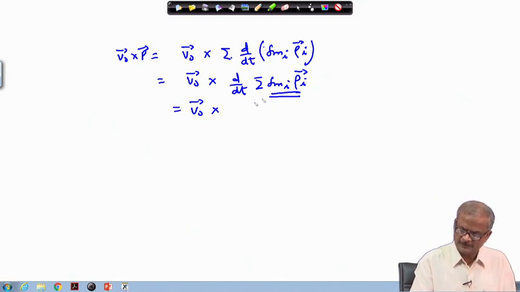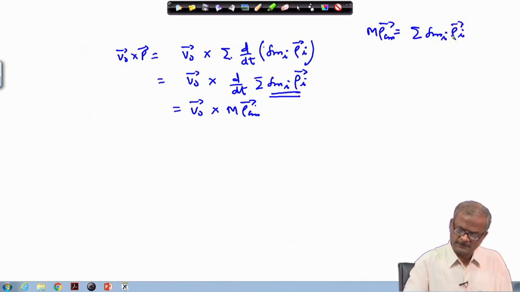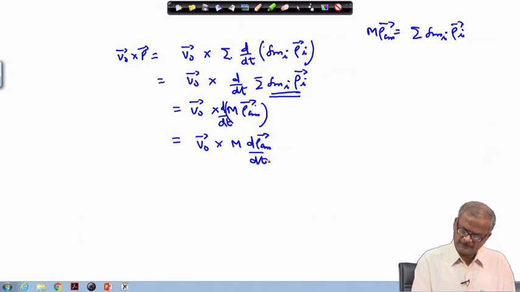It is related to the center of mass. So, this is m times rho_cm, and then we have d by dt. So, this gets reduced to V_0 cross m times d rho_cm by dt.